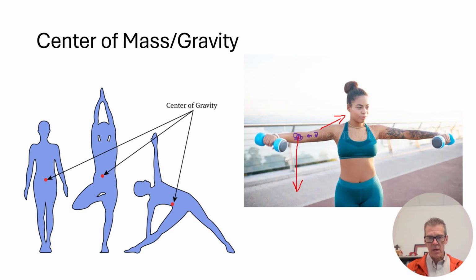I'll draw these in orange. We could also think about the compressive forces that are happening at the glenohumeral joint, where the humerus is being pulled into the glenoid by the muscle force. So there's a whole lot of different forces we can consider here in any given scenario when we're looking at human movement.